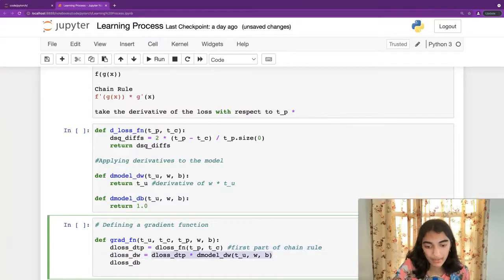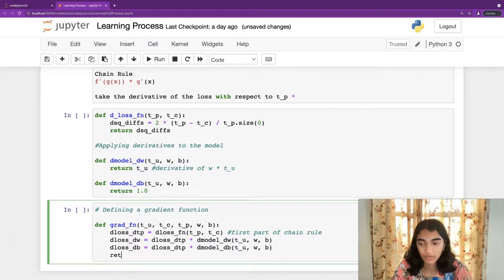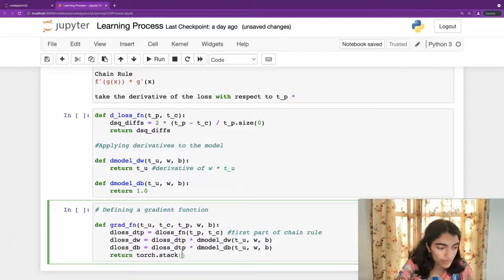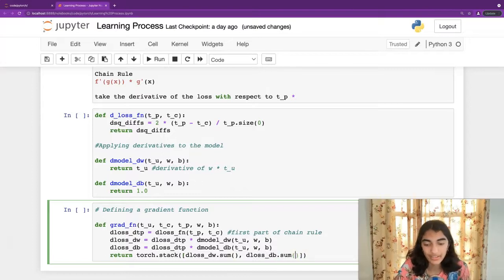And we're doing the same thing here, except instead of d_model_dw, we're going to say d_model_db. And we're going to return torch.stack of dloss_dw.sum and dloss_db.sum. This is our vector that we're returning.